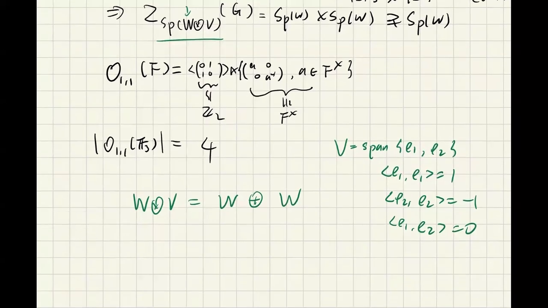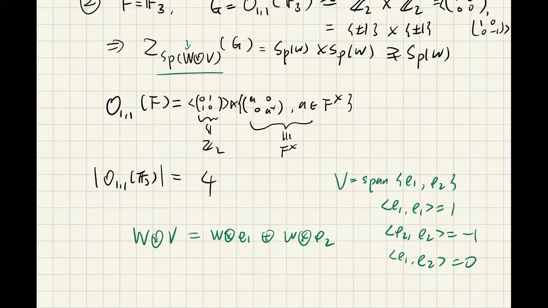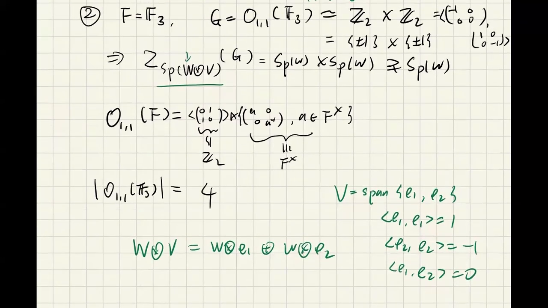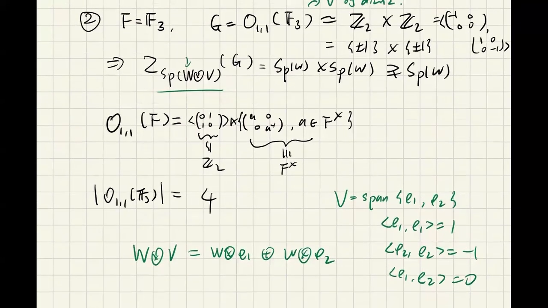So therefore, this space can be viewed as W tensor E1 plus W tensor E2. Each of these spaces is a symplectic space, right?